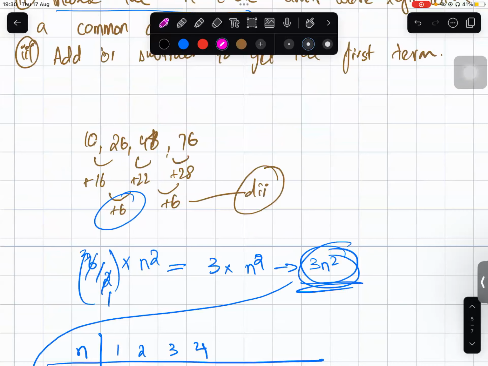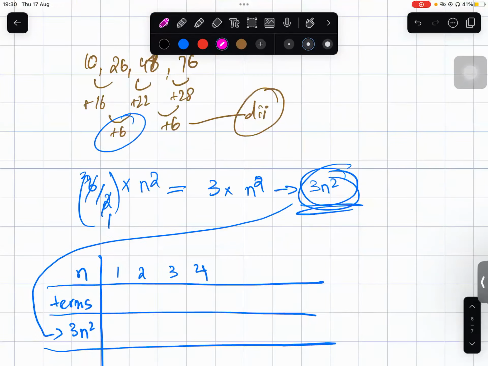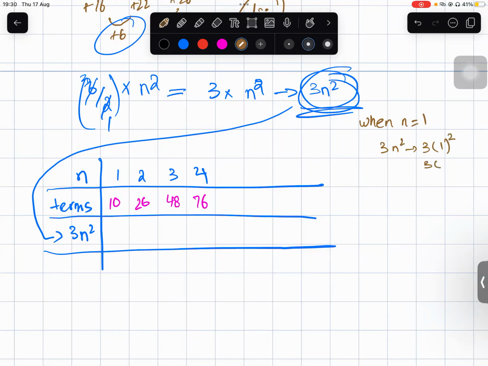Then we write the terms themselves, which are 10, 26, 48, and 76. And after that, we'll write 3n squared. So when n equals 1, 3n squared would be 3 times 1 squared. 1 squared is just 1, so the answer would be 3.